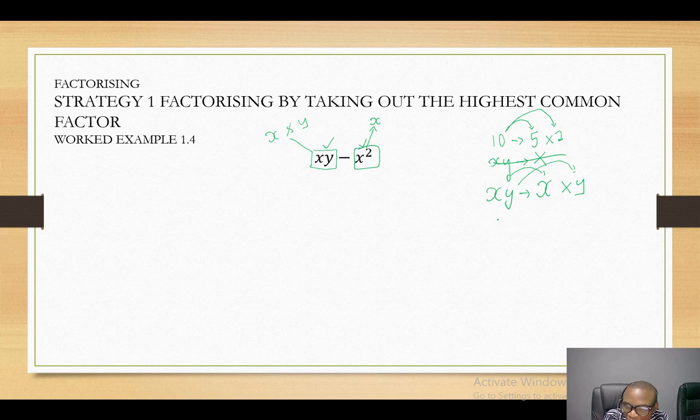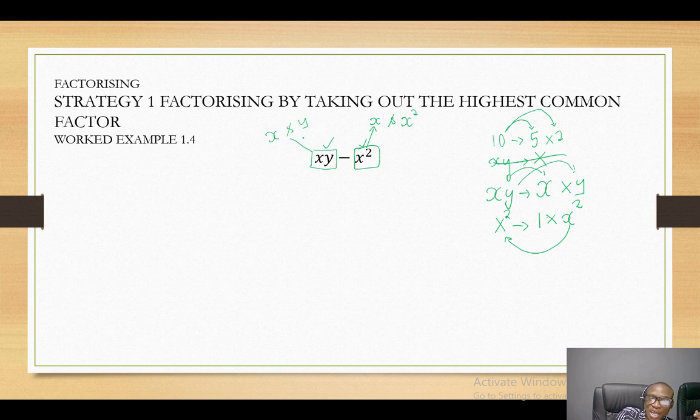Because to get x squared again, you can multiply 1 with x squared. 1 we know is a factor of every number. X squared is also a factor of x squared. So x and x squared, they are the factors of x squared.